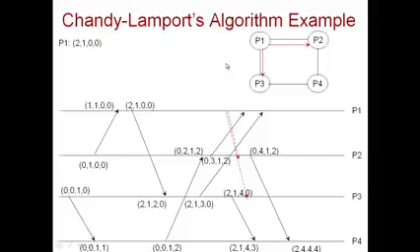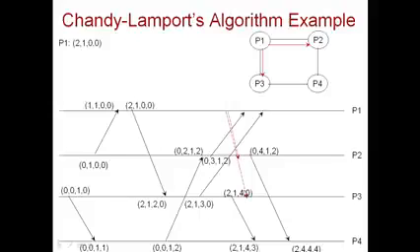So the states of the channels are not yet known. When you start the recording, you basically record your local state and send out the marker on the outgoing channels. So this is the local state, P1 2100, and the marker now goes to P2 and P3.